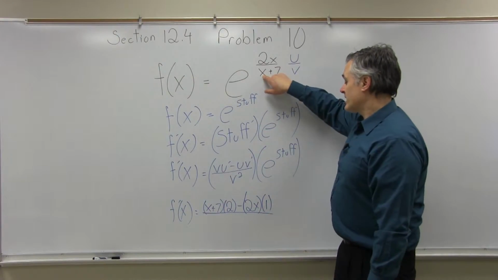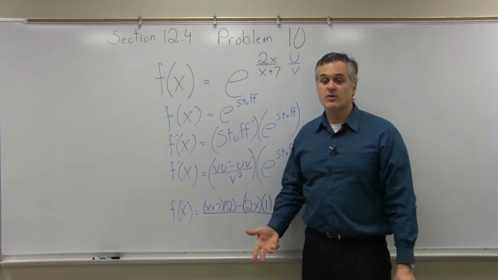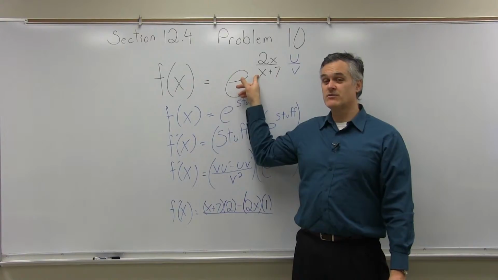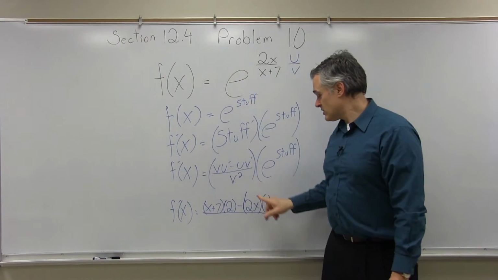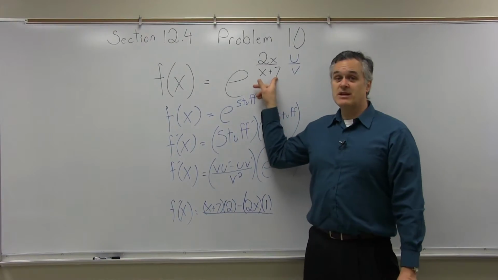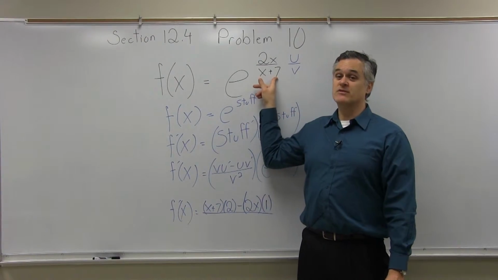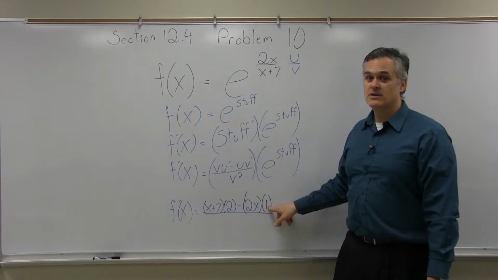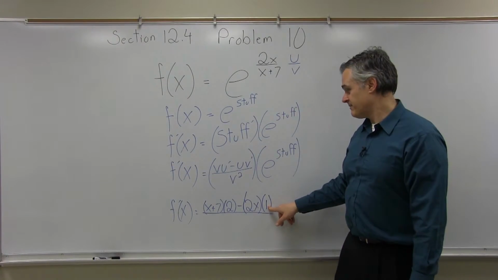The x, or 1x to the first, gives me the 1. Again, when you have an x to the first, the derivative is whatever the number in front is. There is no number written in front, but it's understood to be 1. So that's where the 1 comes from for my v prime. The plus 7 on the end, the 7 has no x, so its derivative is 0. So technically, you could write 1 plus 0, but that would be simplified to 1.